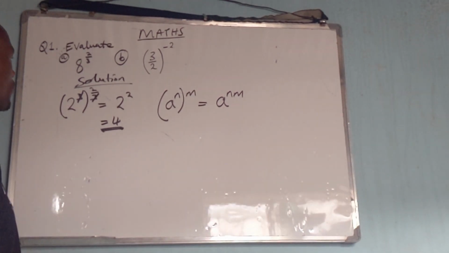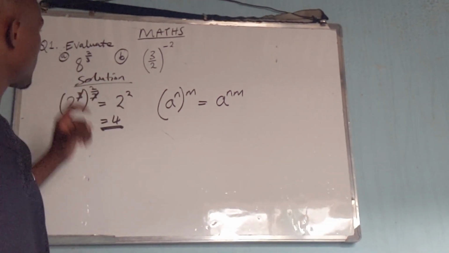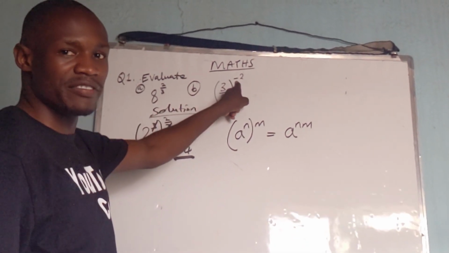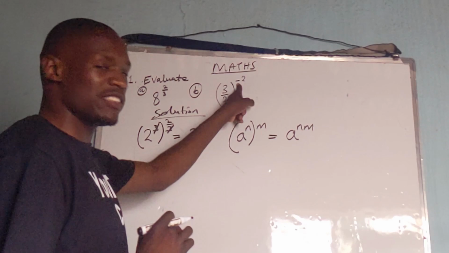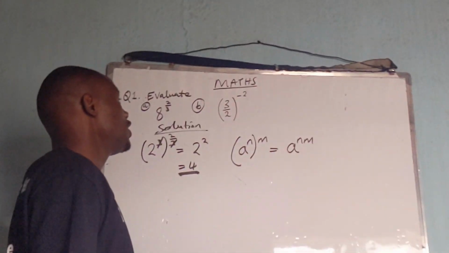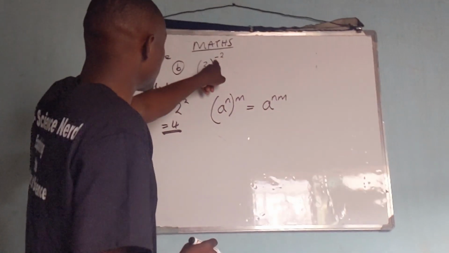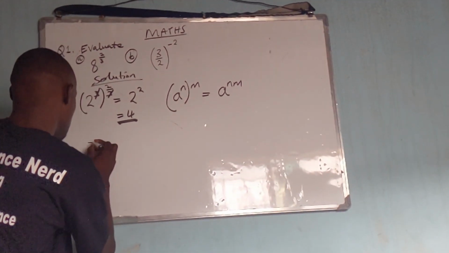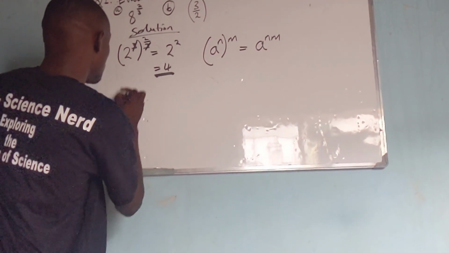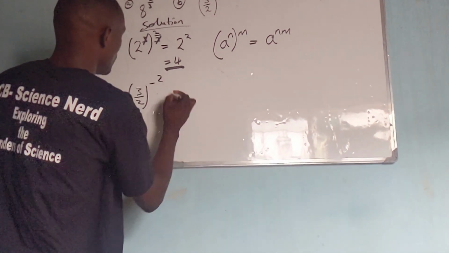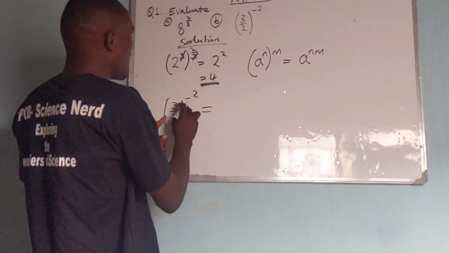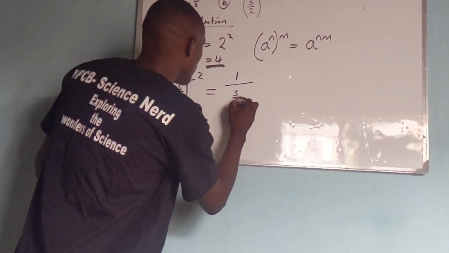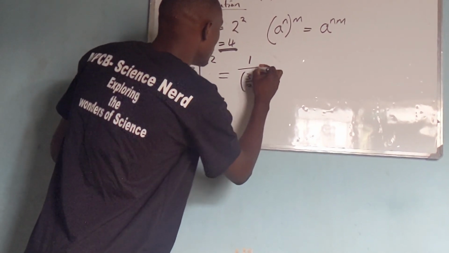Second question. When we look at the second question, we can see that the power is negative. Whenever we see a negative power, it is very important to realize that 3 over 2 to the power negative 2 is exactly the same as 1 over 3 over 2 to the power 2.